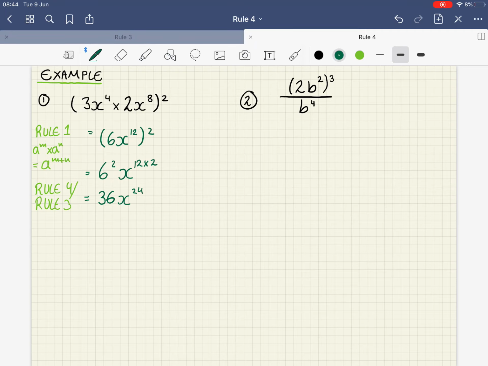Okay, next one over here then. So I've got a fraction, but right now I can't do anything with this fraction line until this top bit is sorted out, until it's a little bit easier to work with. So first, I want to do my mix of rule 4 and rule 3.